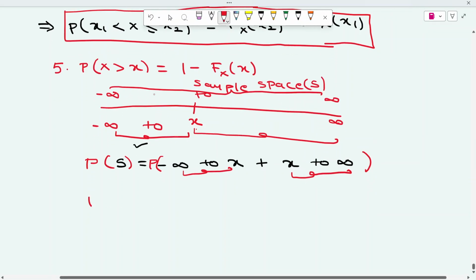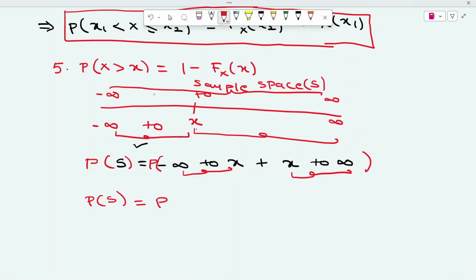So this we can write as probability of S, which equals probability of x less than or equal to small x, because it is from minus infinity to x, plus probability of x greater than small x.